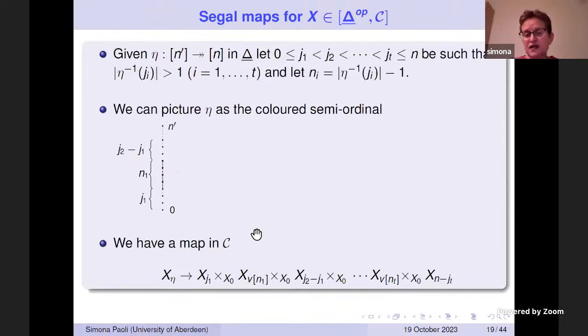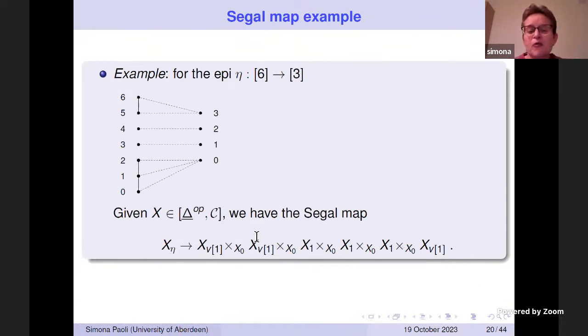And I've done it in the previous slide, but I don't think it's worth going through these technicalities, because you see from this example how this is generalized.